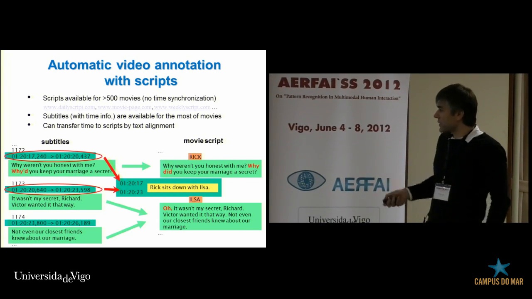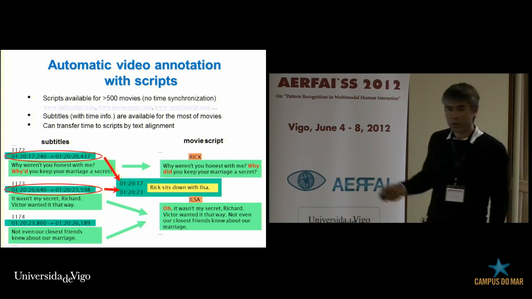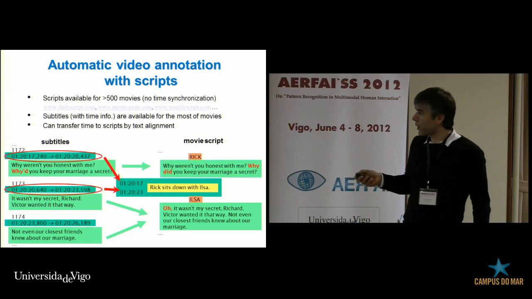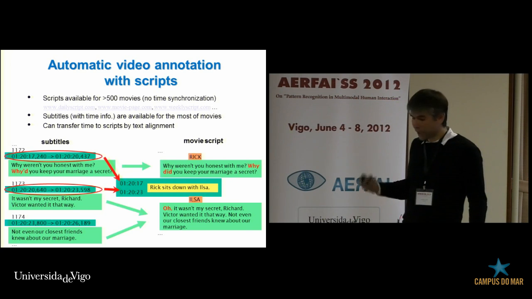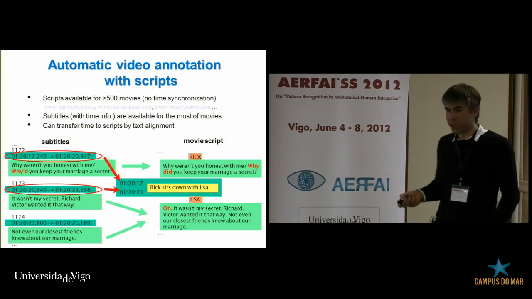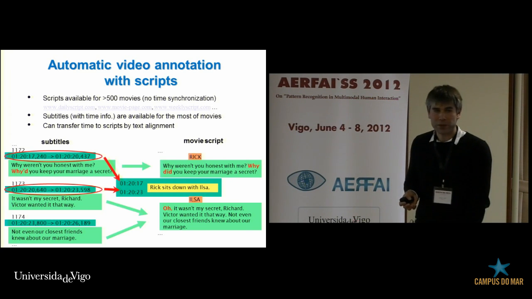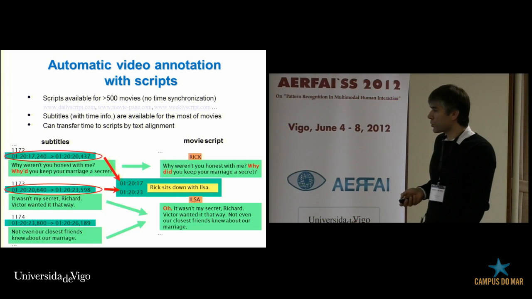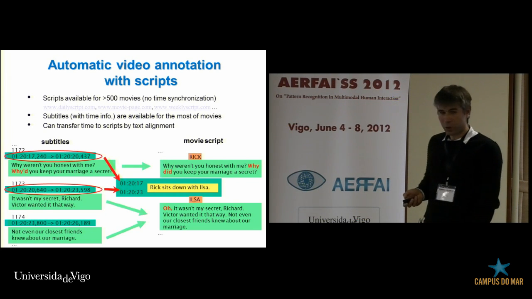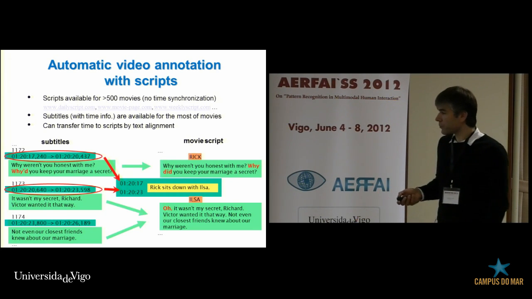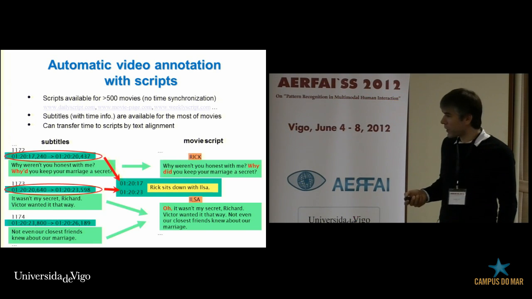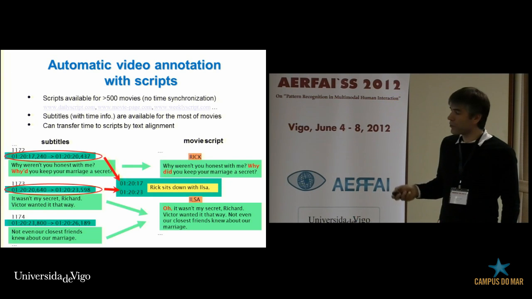Unfortunately, this type of data is not aligned. If you just download the scripts, it turns out that they are not temporally aligned with the video track. How to do temporal alignment well is still an open problem. One trick, not optimal but which buys us a lot, is to also download subtitles or get them from DVD.